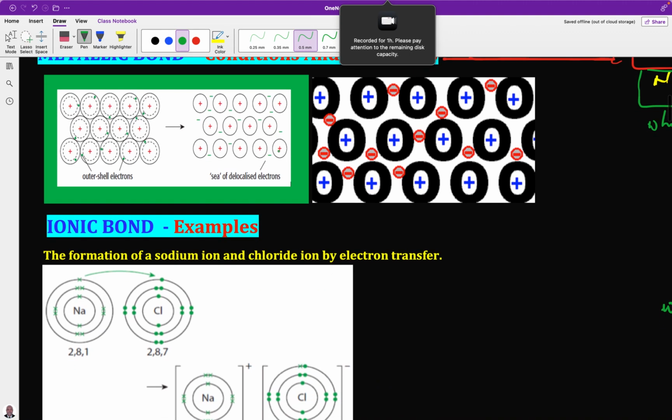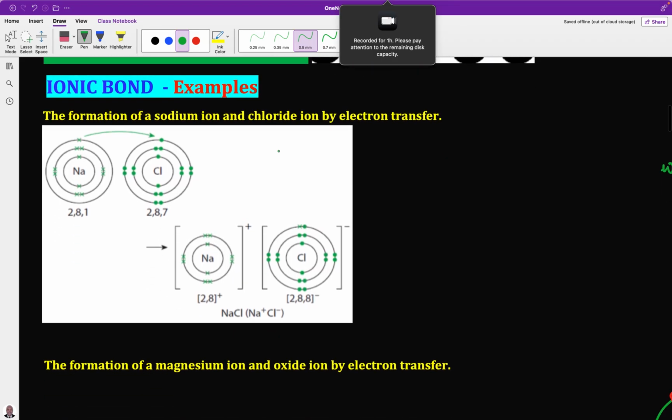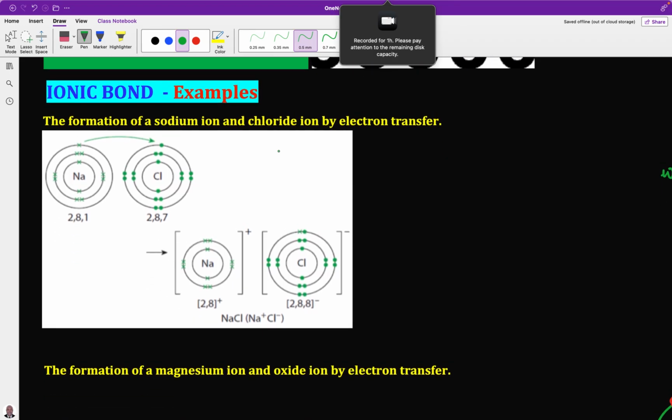It takes us to ionic bond. Ionic bond, as I told you, is a bond between metals and non-metals.